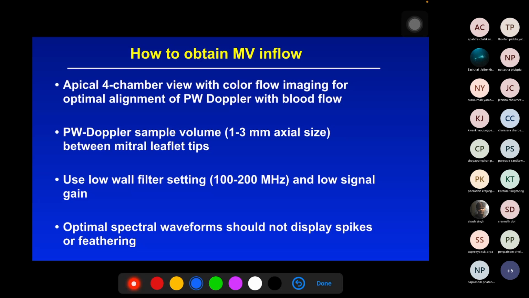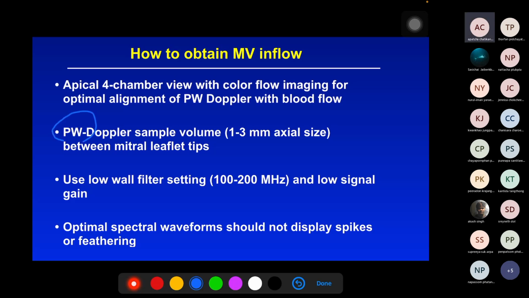Okay, and then we zoom to the mitral valve, place the sample volume and use the pulse wave. As we talked about last week, pulse wave and CW, or continuous wave. If you want to evaluate the flow at some point, you must use PW.